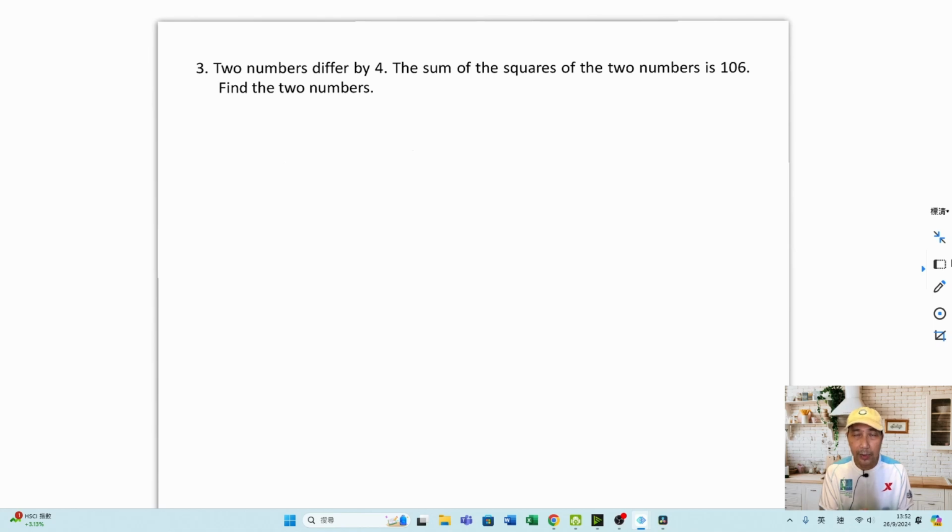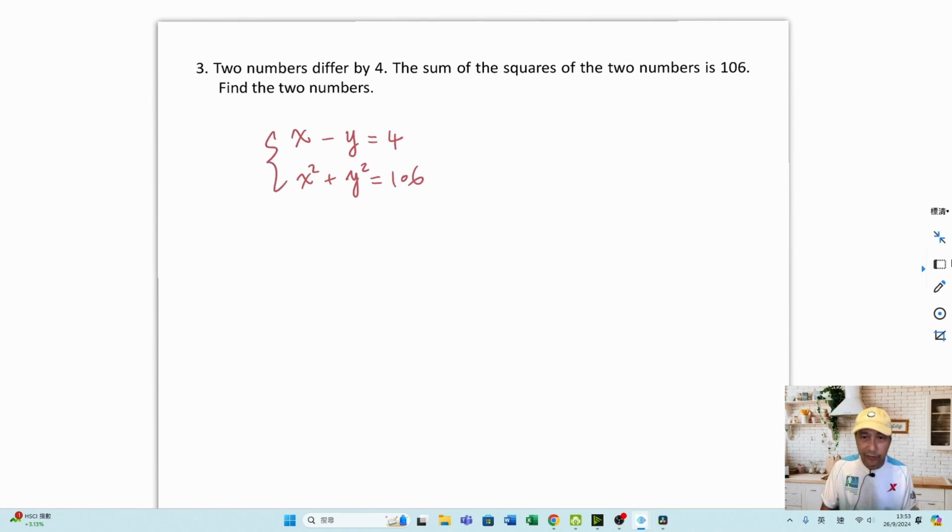So I think some of you may be tempted to use two unknowns to represent the problem. For example, you assume x is the bigger number and y is the smaller number. The difference is 4, and the sum of squares is equal to 106.